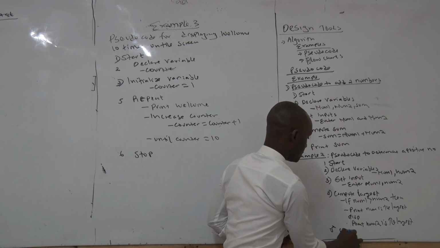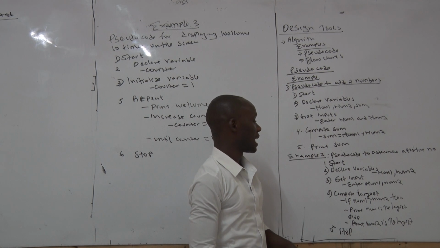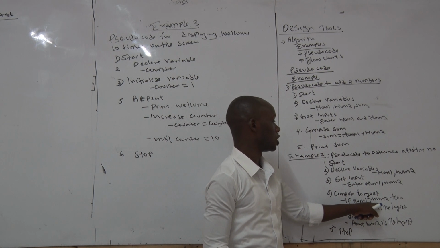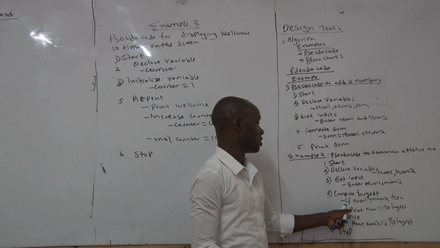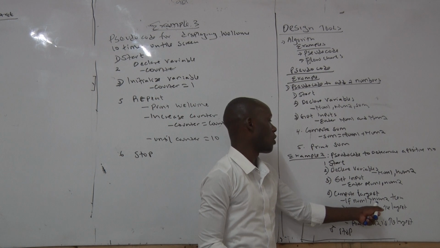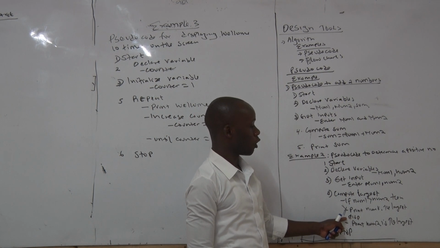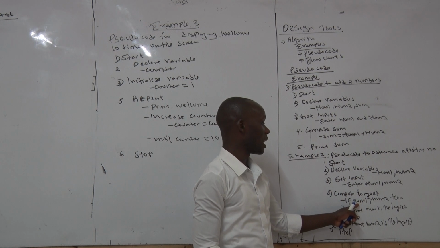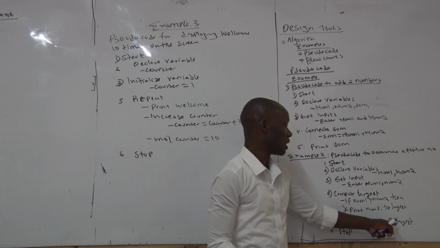Number 5, we stop. Here, else means otherwise, and otherwise means the opposite of this condition. When this condition returns yes, it will choose this choice of displaying that num1 is the largest number. Else means the opposite of this, meaning the value of num1 is not greater than the value of num2. So we display that num2 is the largest.